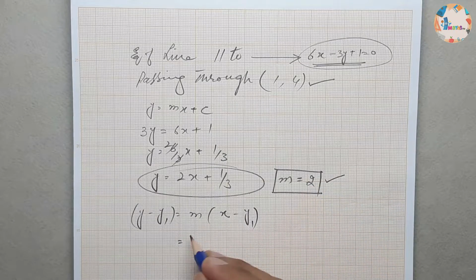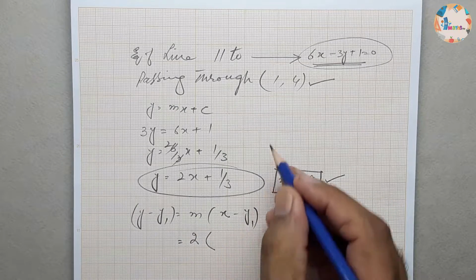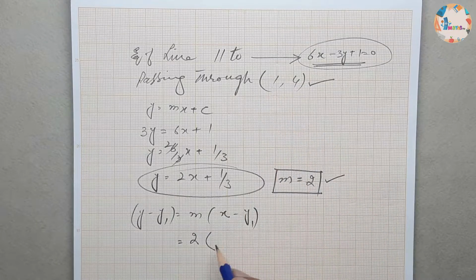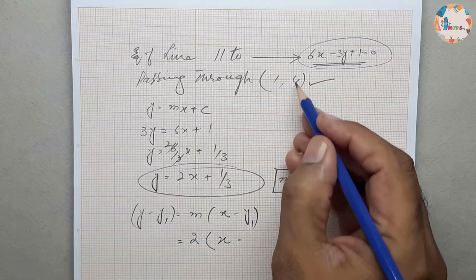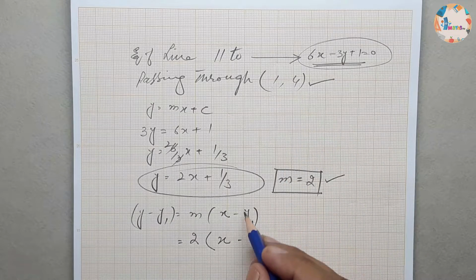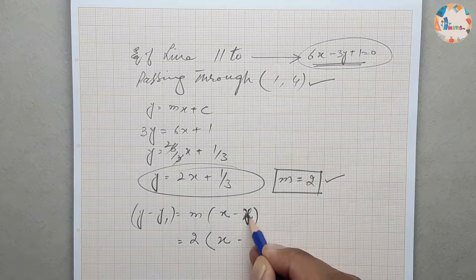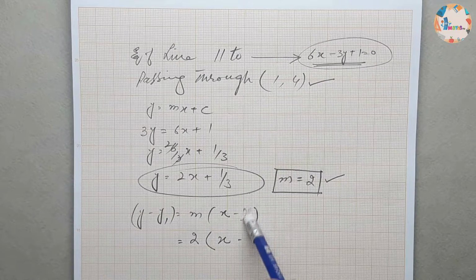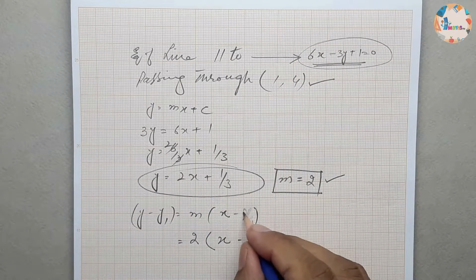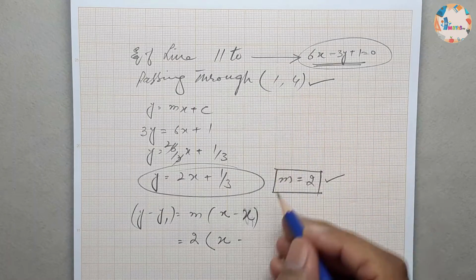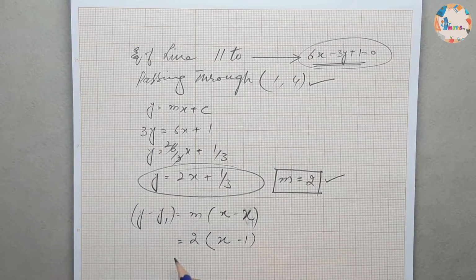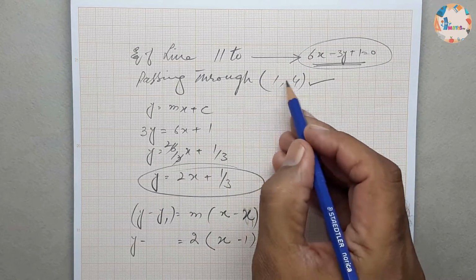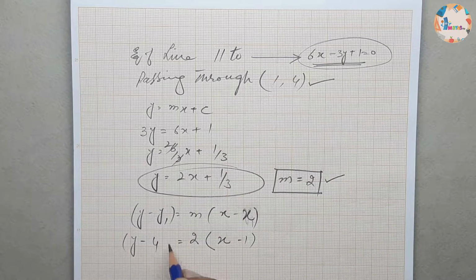I will replace first the value of m, then we will replace this point: x1 is 1, so I will write here 1, and y1 is 4, so I will replace here 4.